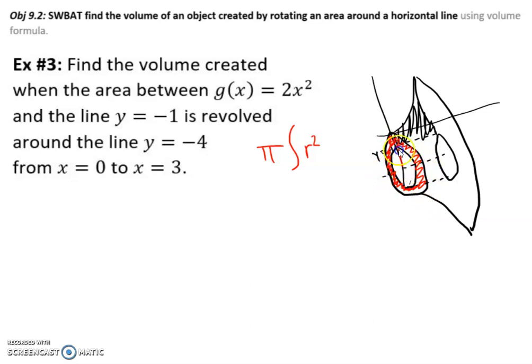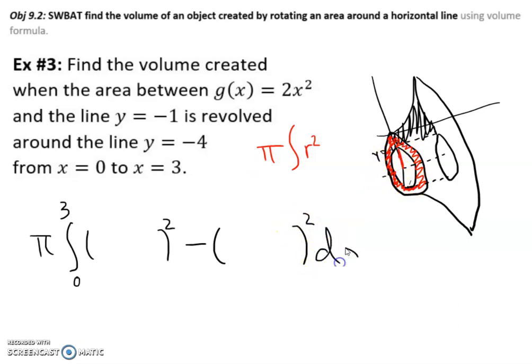And the smaller circle and the larger circle are based on the radius distance from -4. So what we're going to do is this. It's going to be the integral from 0 to 3 still and we still have a pi out front. But because there's two circles, we're going to have the first circle squared, that bigger circle, subtracting the smaller circle squared, which is that circle that I haven't filled in red.